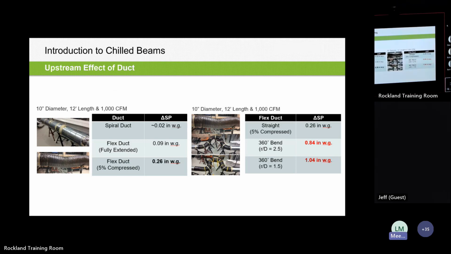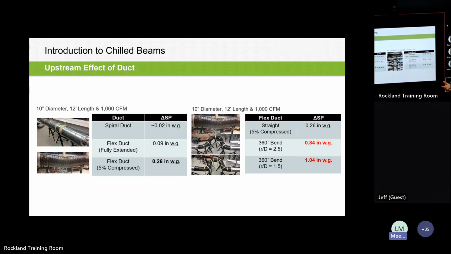And then this is just showing the differences. These are not typically conditions you would have running to a beam with 10-inch diameter ductwork, but showing a higher CFM, 1000 CFM running through 10-inch diameter ductwork, spiral duct to flex fully extended, and then 5% compressed.